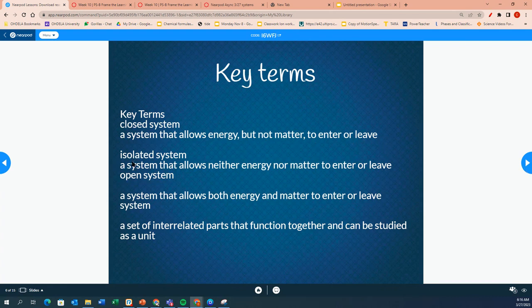An isolated system is a system that allows neither energy nor matter to leave. An open system is a system that allows both energy and matter to enter or leave. And here's the definition for system: a set of interrelated parts that function together and can be studied as a unit.